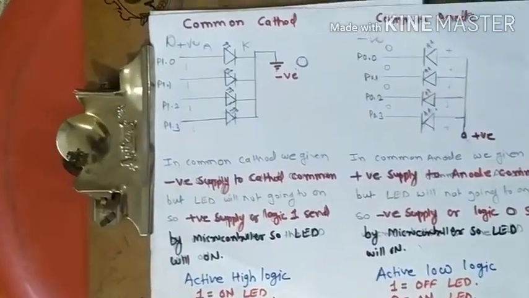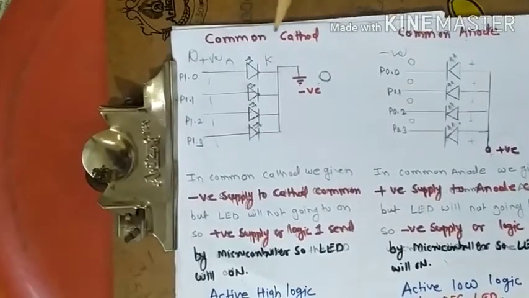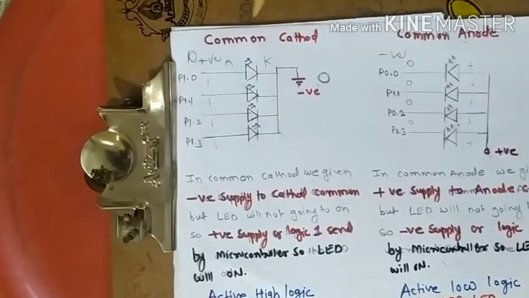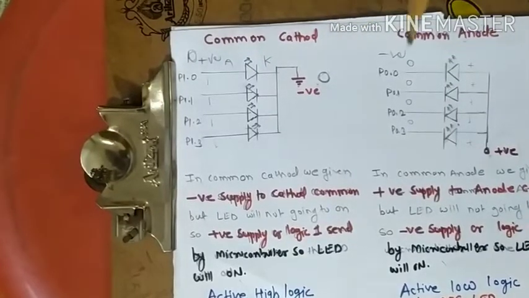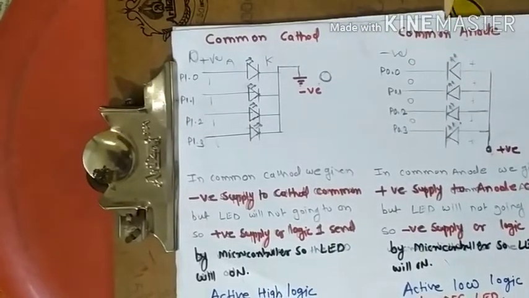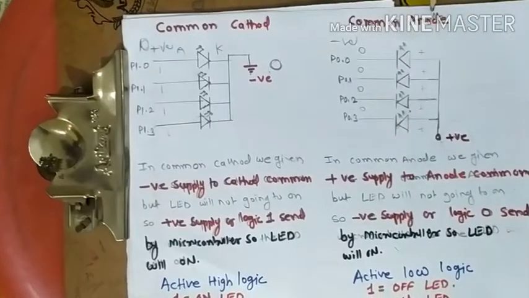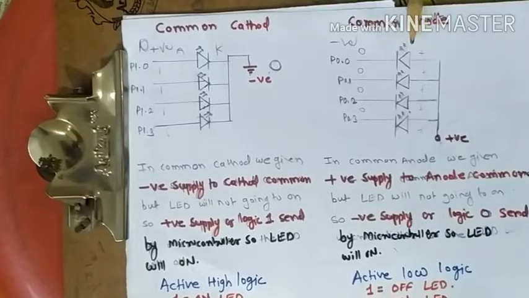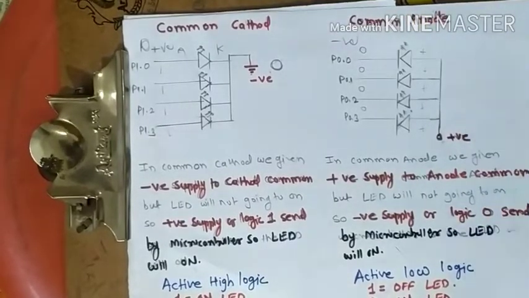See and try to understand. In common cathode, it requires logic 1 to turn on the LED, and in common anode it requires logic 0 to turn on the LED. Why do you have to remember all this?